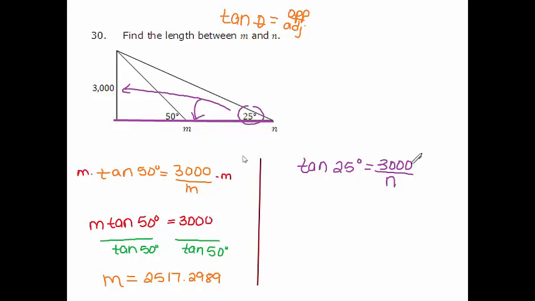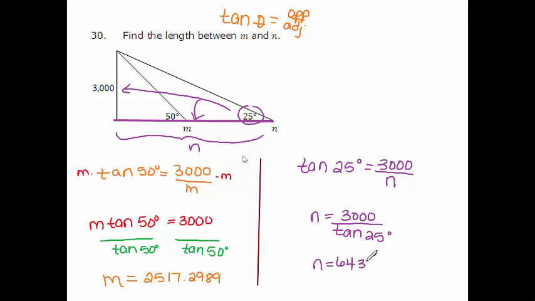Tangent of 25 degrees is equal to 3,000 over N. Solving this equation the same way, I end up with N equals 3,000 divided by the tangent of 25, which is about 6,433.5208 feet.